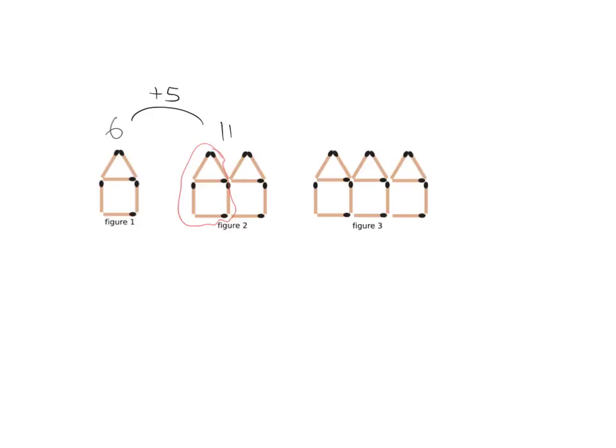And then if you have a look at figure 3, here you have all the matches that you had in figure 2, and then you added on exactly the same, 1, 2, 3, 4, 5 more. So you're going to have 16 matches.